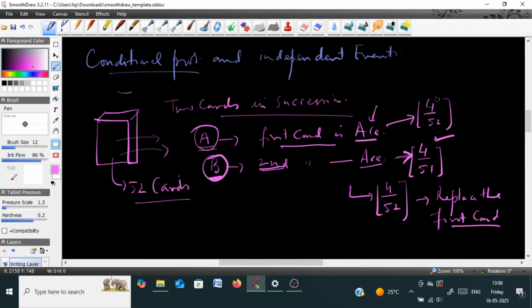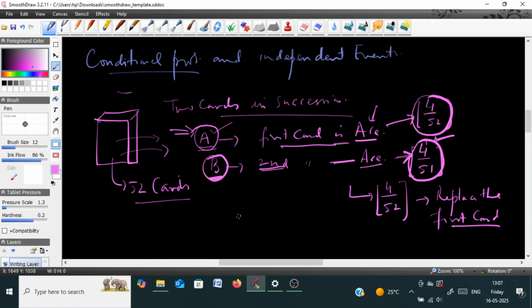And this is 4 by 51 only if you are sure that in the first draw the card drawn is not an ace. If in the first draw the card drawn is an ace, then the probability of an ace in the second card will be 3 by 51, because event A has already happened.